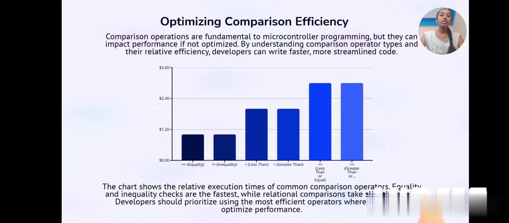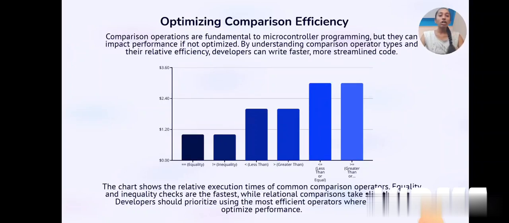Next, optimizing comparison efficiency. Comparison operations are fundamental to microcontroller programming, but they can impact performance if not optimized properly. By understanding comparison operator types and their relative efficiency, developers can write faster and more streamlined code.